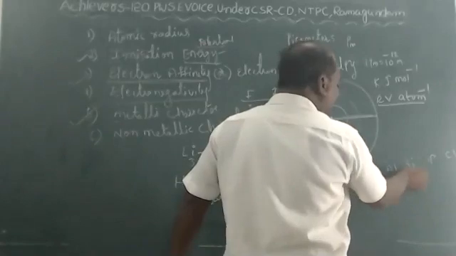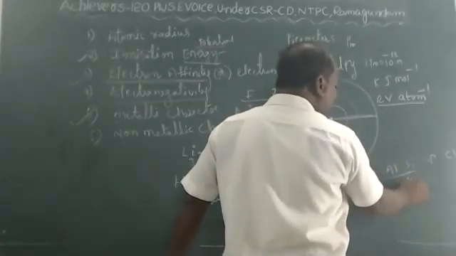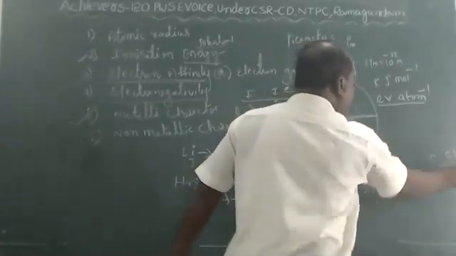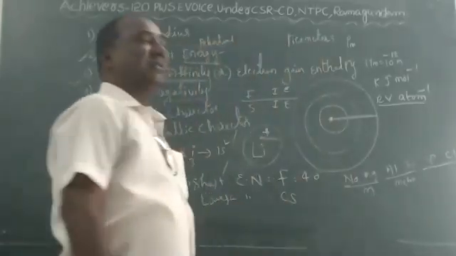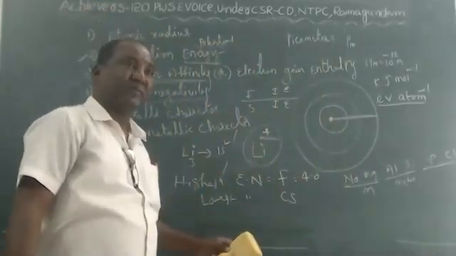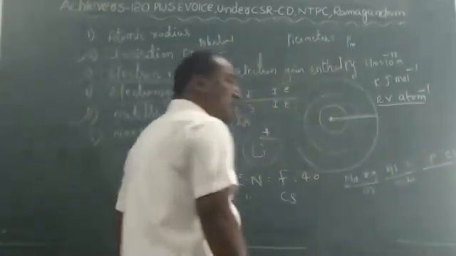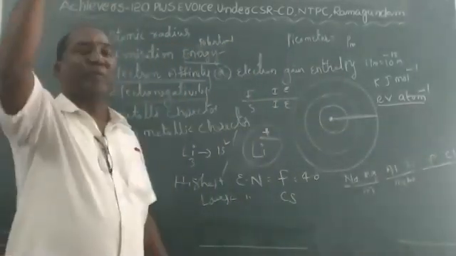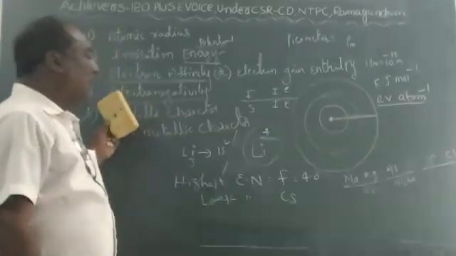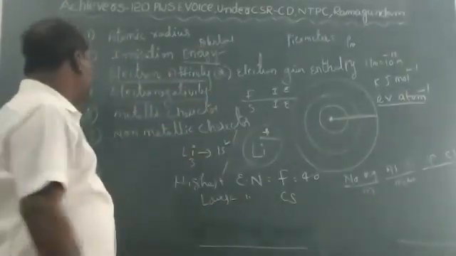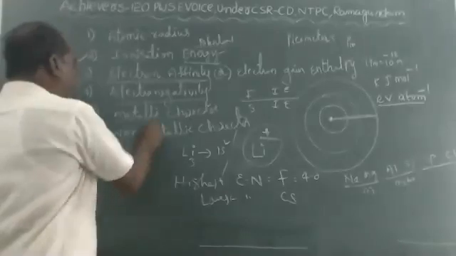Aluminium and silicon are metalloids. Phosphorus and chlorine are non-metals. So as we move from left to right in a period, metallic character decreases, and in a group from top to bottom, metallic character increases. This is about metallic character.